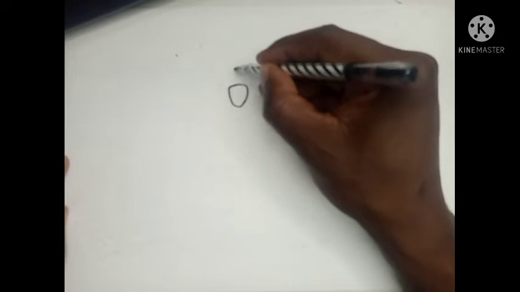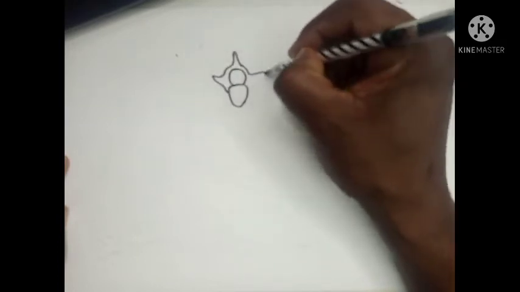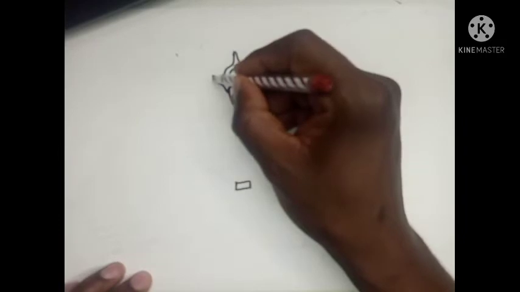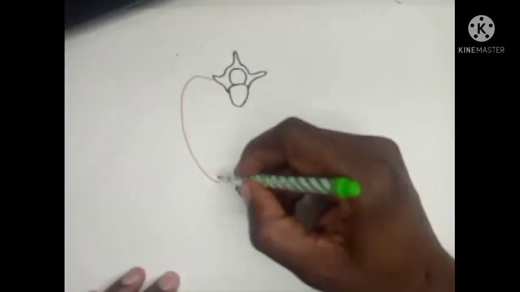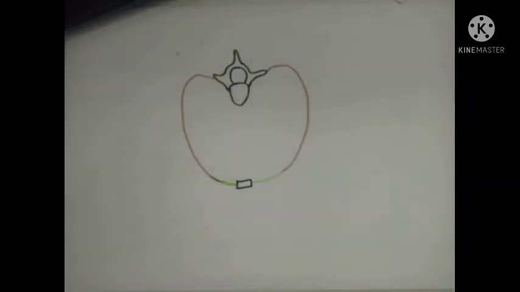Now let us indicate these muscles clearly by drawing the cross section of the thoracic cage. There we have got the thoracic vertebra posteriorly, and then anteriorly we have got the position of the sternum there. Now the external intercostal muscle goes from the posterior aspect anteriorly, and then it is finished by the anterior intercostal membrane like that, and then the other side finished by the anterior intercostal membrane like that.